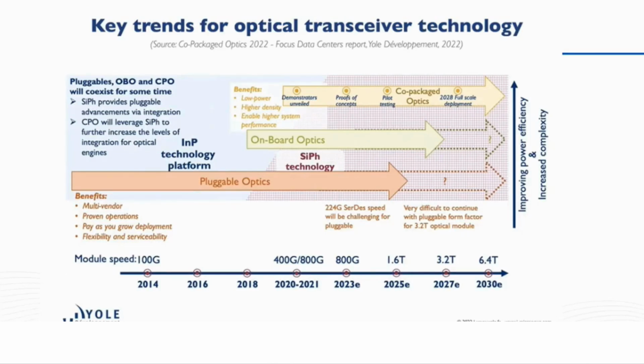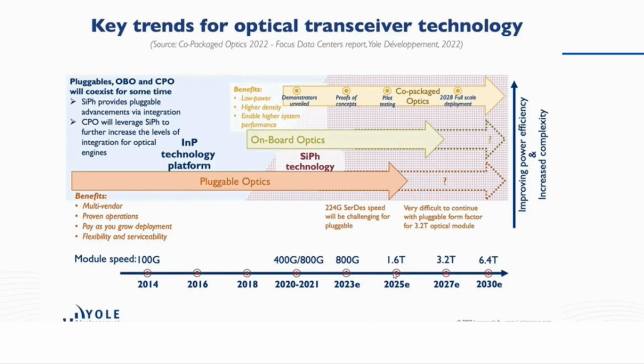But what is the key trend for optical transceiver technology based on our demands? As you can see here, we have pluggable optics, and most companies work on pluggable optics. Pluggable optics have benefits like multi-vendor support and quite some flexibility, but because of SerDes power, we have some limitations.